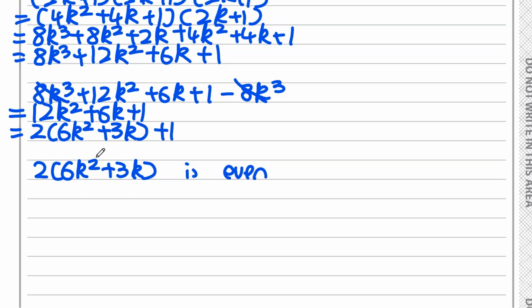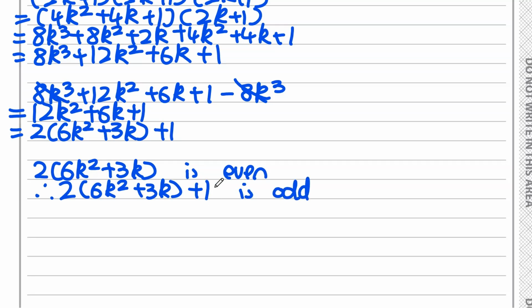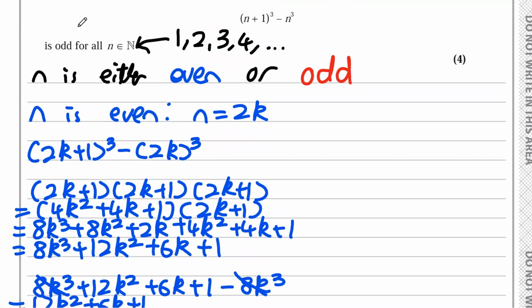It doesn't matter whether 6k^2 + 3k is even or odd; the same logic as before, if we multiply it by 2, it's an even number. Then if you add 1 to any even number, it becomes odd. So we've proven it for the even case.